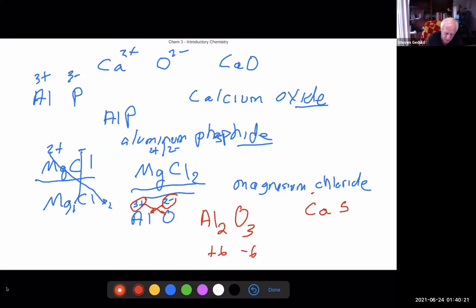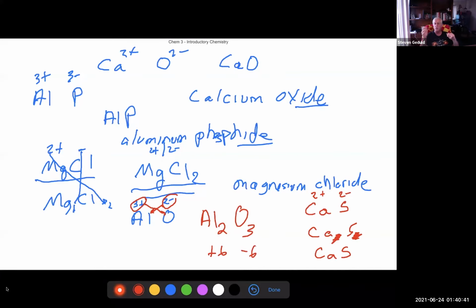Calcium is +2, sulfur is 2 minus. Crisscross, you get Ca2S2. You can't have 2 and 2; those reduce to 1 and 1. So it's just CaS. So just don't get caught with that. That's one little exception you have to watch out for when you crisscross them. If they're the same number, just reduce them to 1, because it's a 1-to-1 ratio. And that's called calcium sulfide.